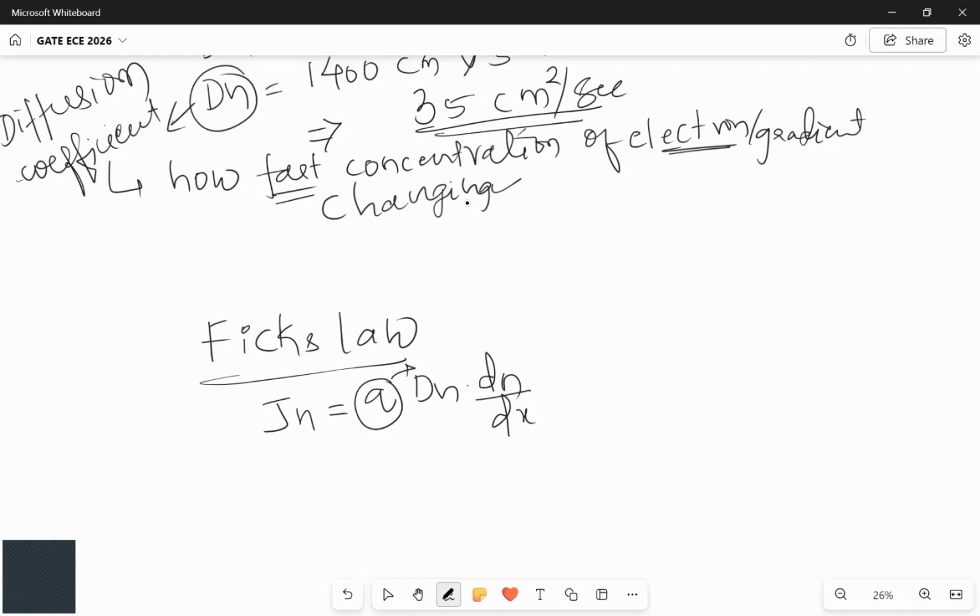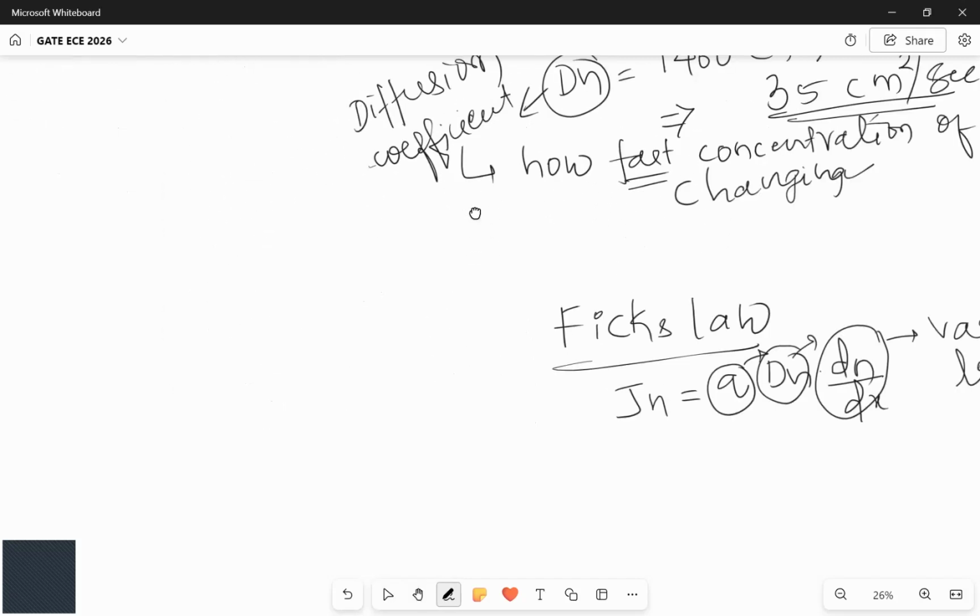Here Q is the electron charge, Dn is the diffusion coefficient we just found out, and dn by dx is the variation of concentration, the concentration gradient. Here it is given as linear. All right.